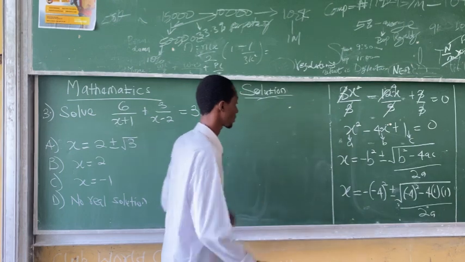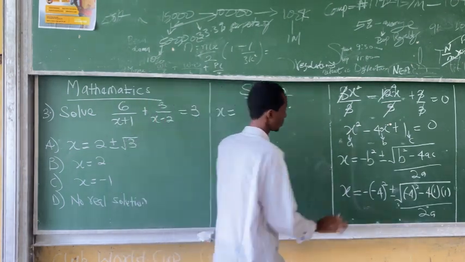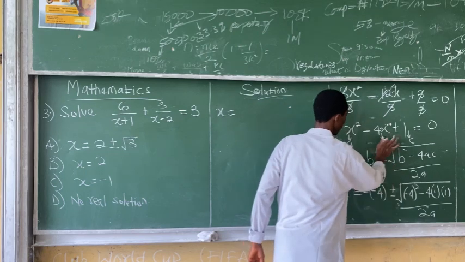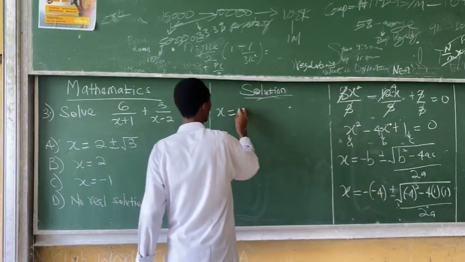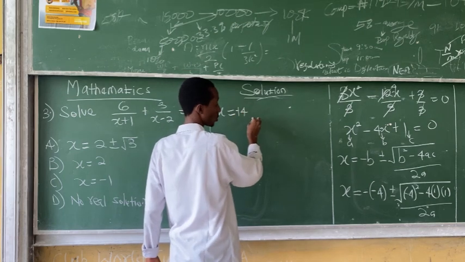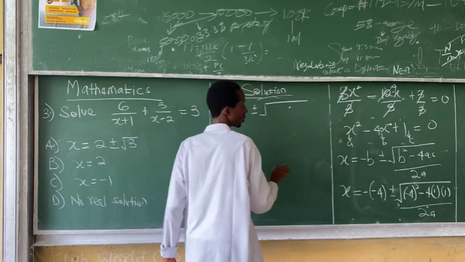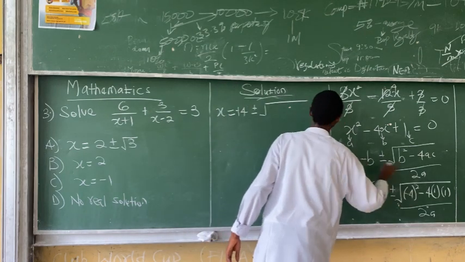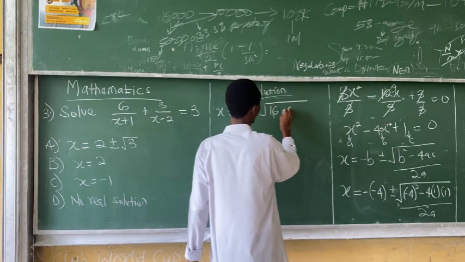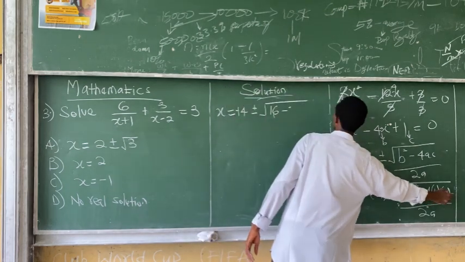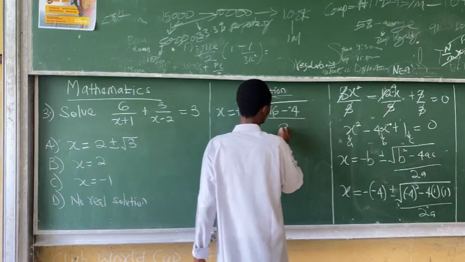This is minus times minus gives us plus. So we have plus 4 plus or minus square root of minus 4 squared will give us 16 minus 4 times 1 gives us 4 all over 2a.